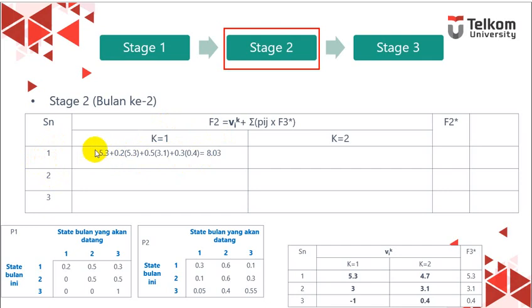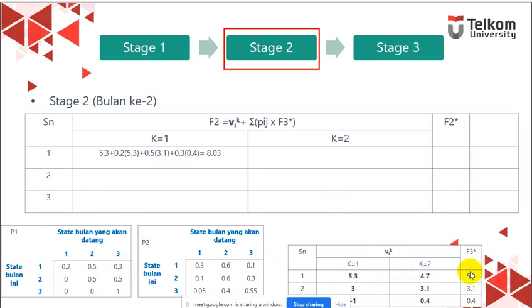Yeah, 5.3 plus 0.2 multiplied by 5.3, plus 0.5 multiplied by 3.1, and 0.3 multiplied by 0.4. So 0.2 multiplied by 5.3, 0.5 multiplied by 3, and 0.3 multiplied by 0.4, right? I'm sorry.